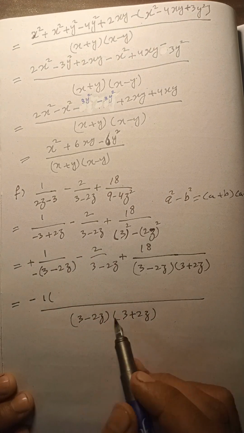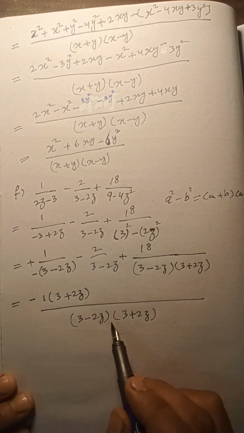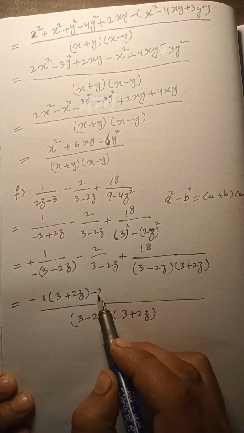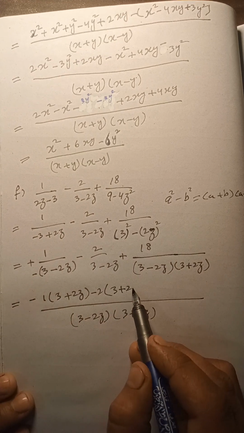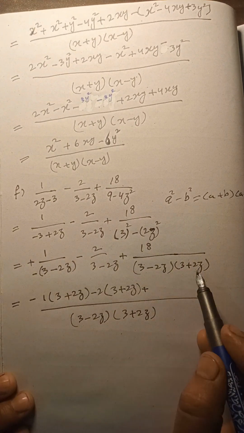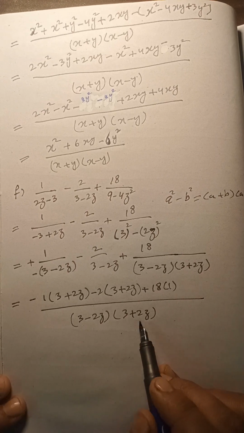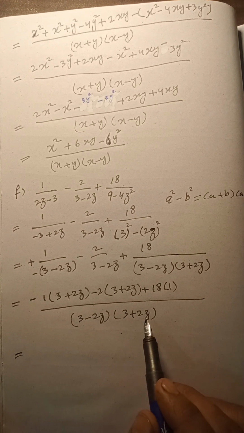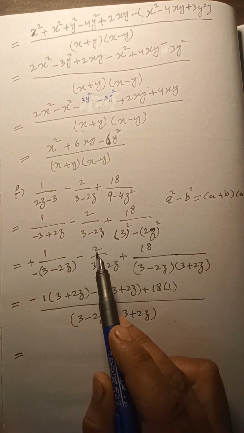This one is here and this is here, 3 plus 2z, and when you divide this number by this one, it will be cancelled again and this will be written, this minus sign will be here and 2 will be here, and this number will be again here, 3 plus 2z, and this plus sign here. This whole number is divided by this whole number, there will be 1 only, and we will multiply 18 by 1. In this way we should divide the LCM by the denominator of each term and then multiply the answer with the numerator.